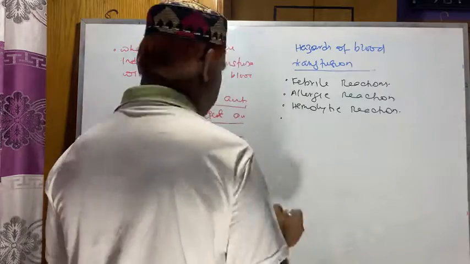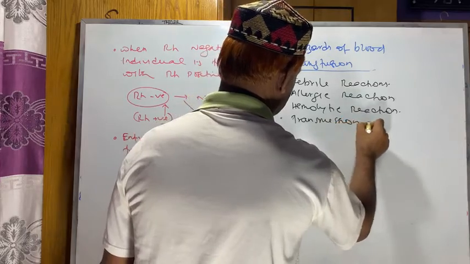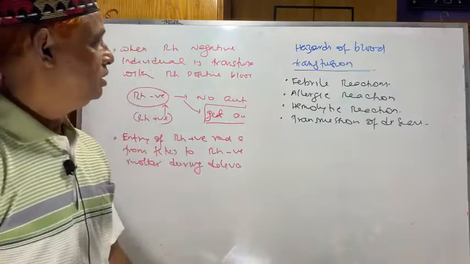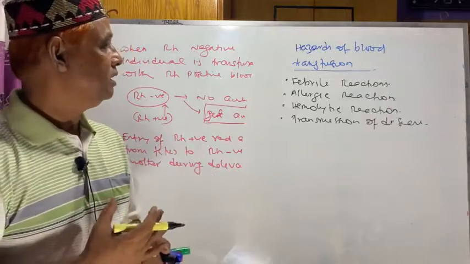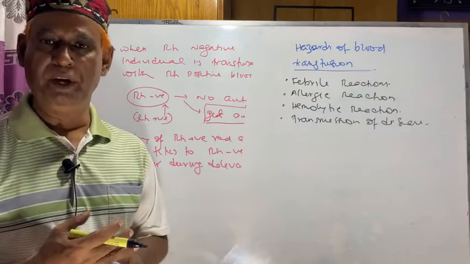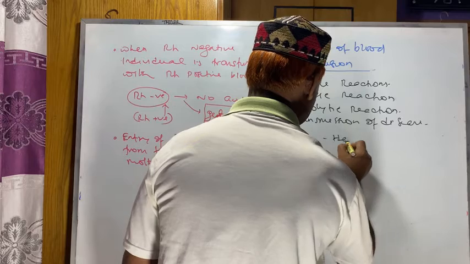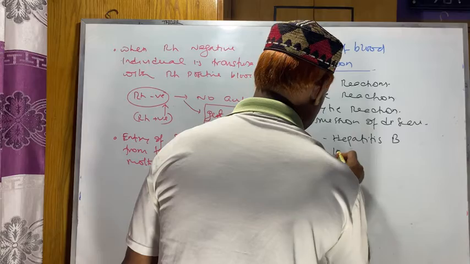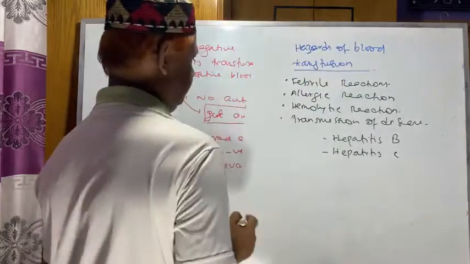Then transmission of disease. Following blood transfusion, certain diseases may be transmitted from donors to recipient, like hepatitis B virus and hepatitis C virus.